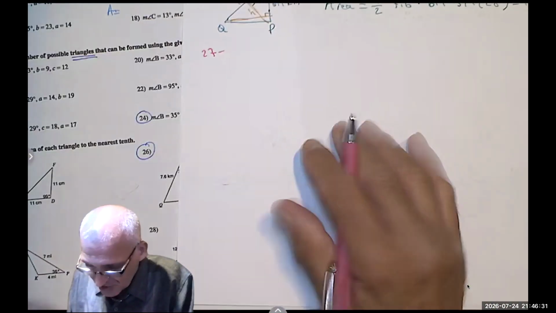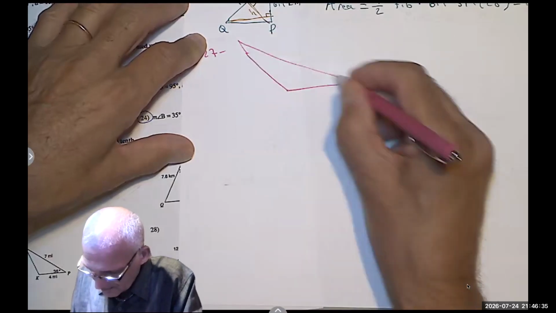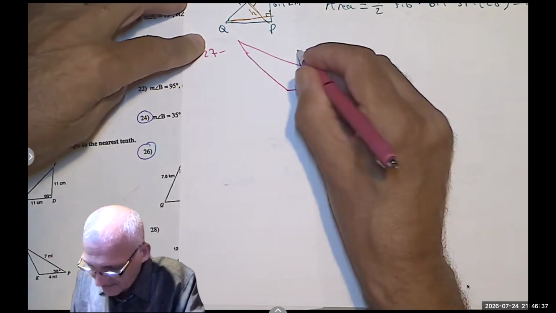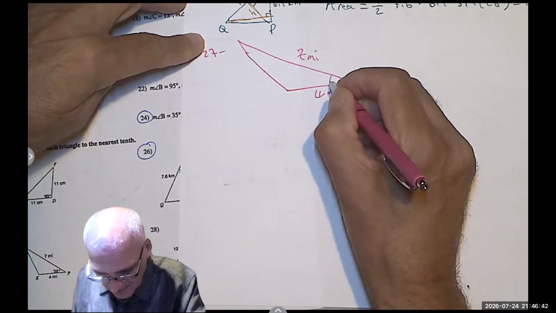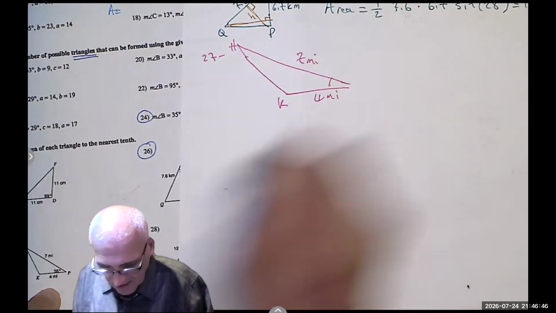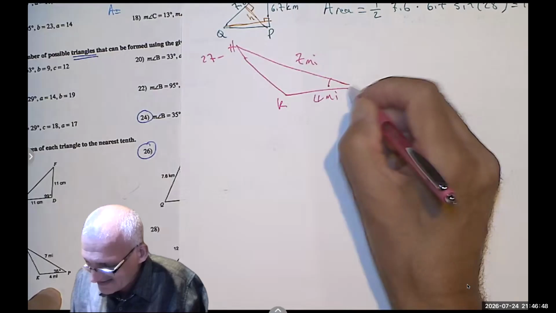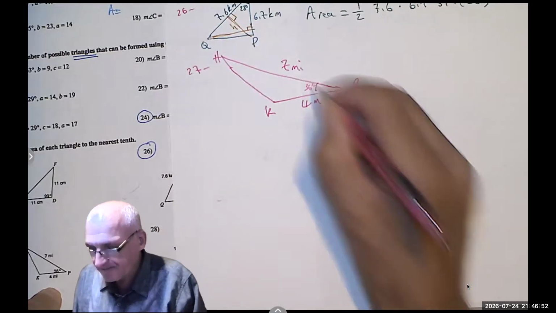27 is giving you a triangle for 4 and 7 miles. Yes, it's correct. I confused. P, and this is 36 degrees.